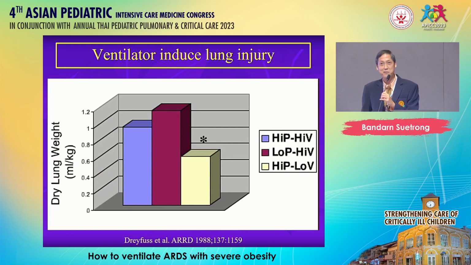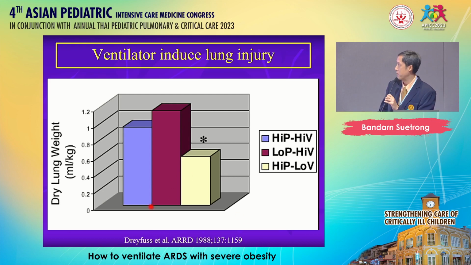Okay, the driving pressure. I think driving pressure is a bit of a confusing topic. But back to the classic study, the Dreyfuss study, that demonstrated volutrauma. They performed this study in animals and it had three arms.